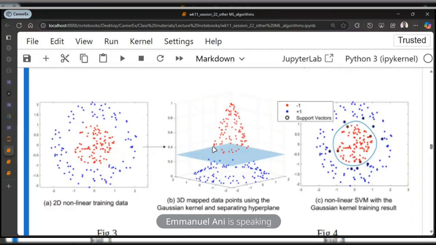Now you can see this blue stuff here. This blue stuff is what we call a hyperplane. This hyperplane is inside that three-dimensional object, okay? And it's always of one dimension lower than our original feature space dimension. So this plane that we have here is a two-dimensional hyperplane.